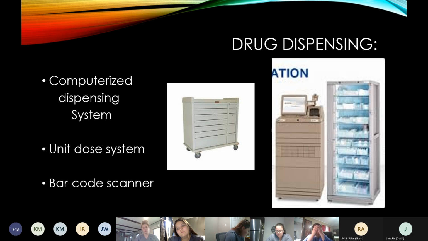So, drug dispensing. I was doing clinicals at Hood a couple semesters ago, and some medications are not formulary, like they don't have them at the in-house pharmacy at the hospital.